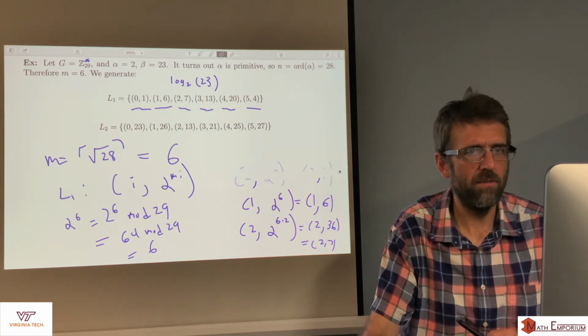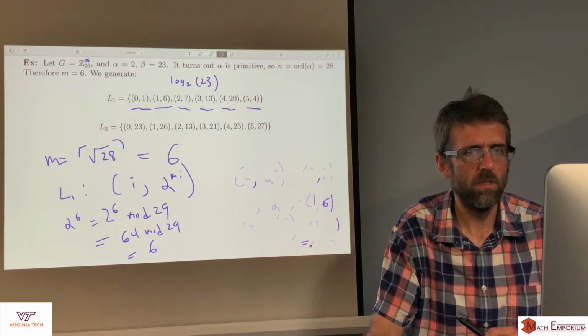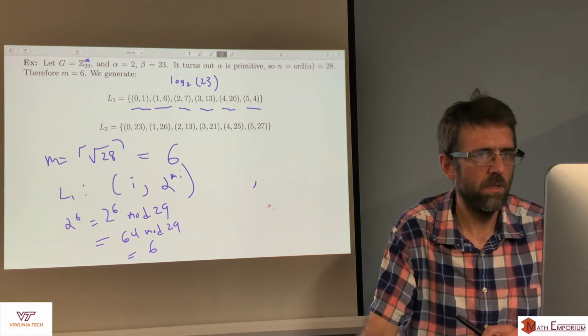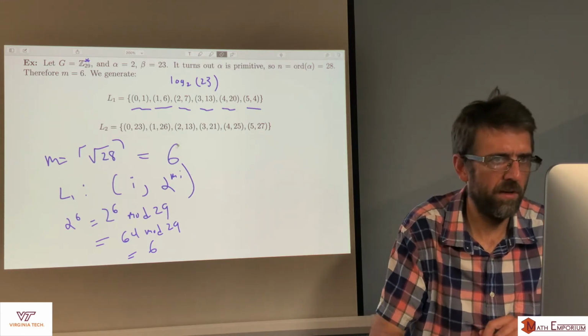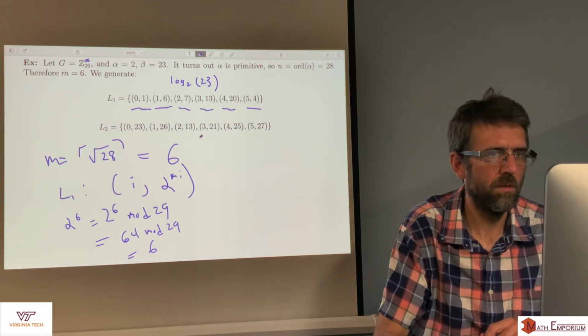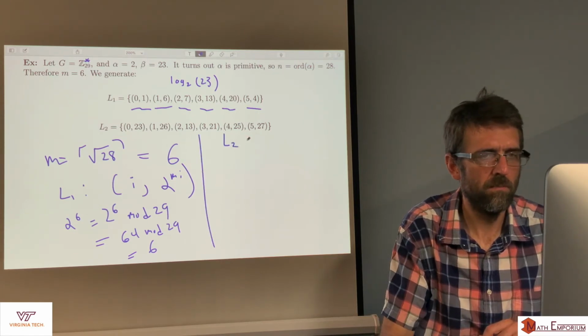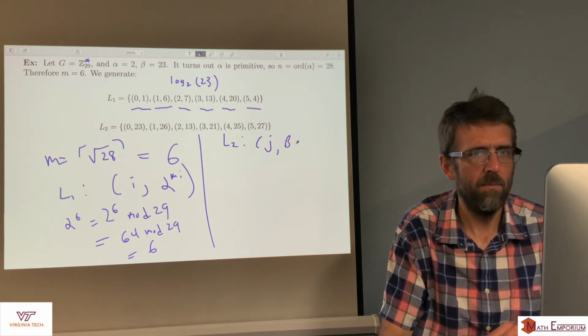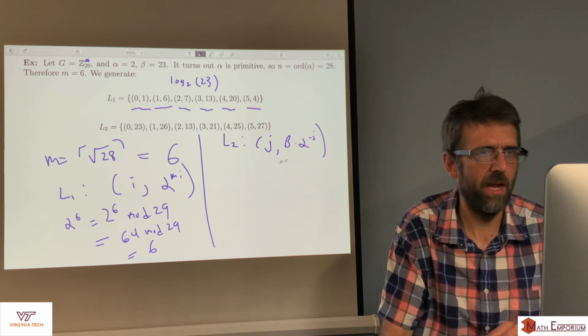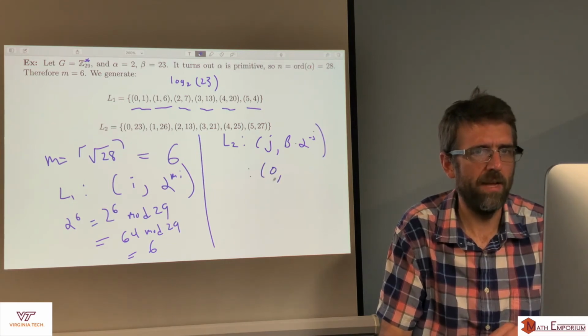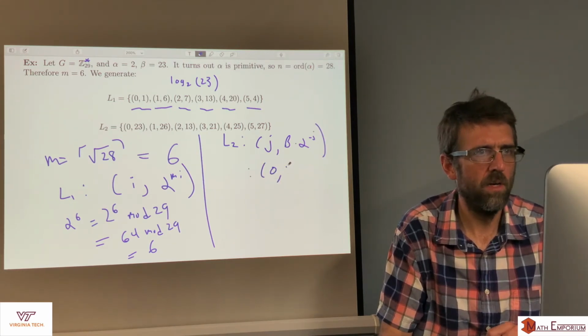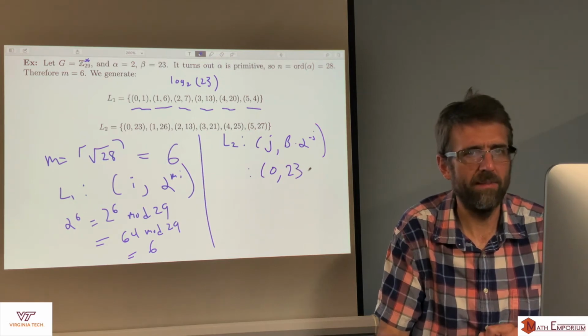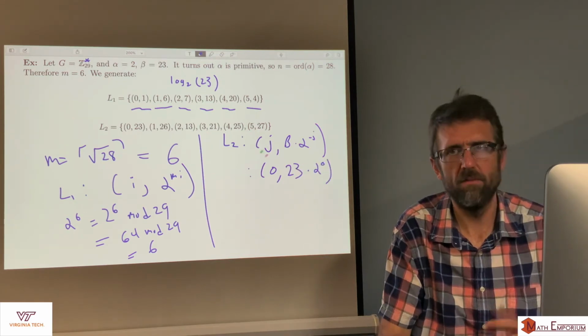And then for L2, what are those entries? Those are of the form j, beta times alpha to the minus j. The first entry would just be 0, 23, since alpha to the 0 is just 1.